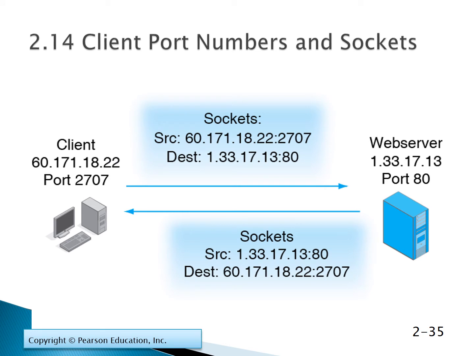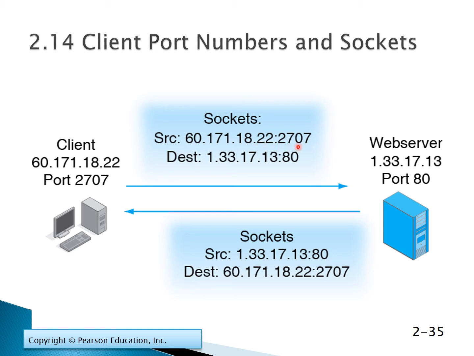When the client wants to get to a web server to request a web page, a socket is established. A socket is basically a connection from one host to another based on TCP. The socket consists of the IP address and also the port number.